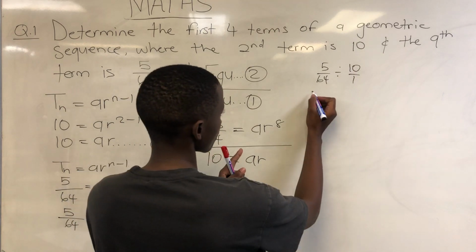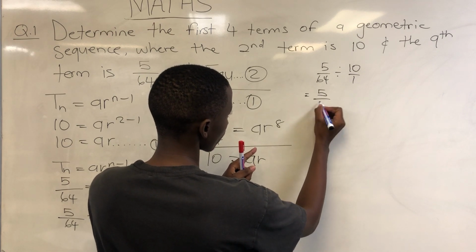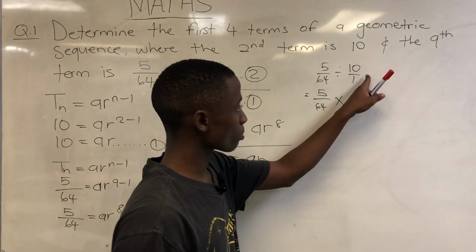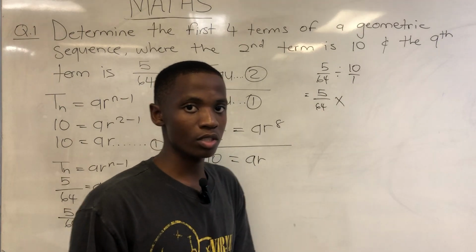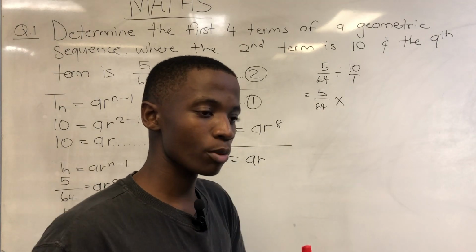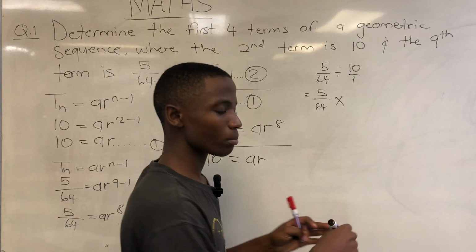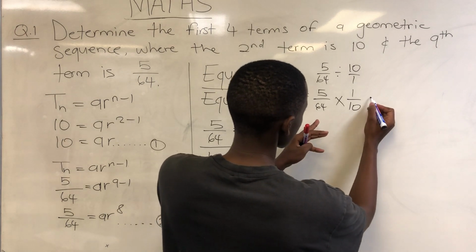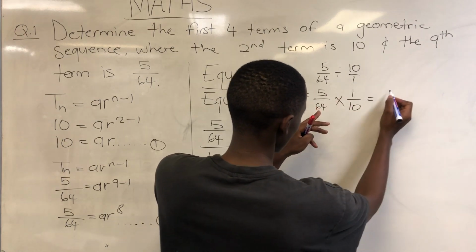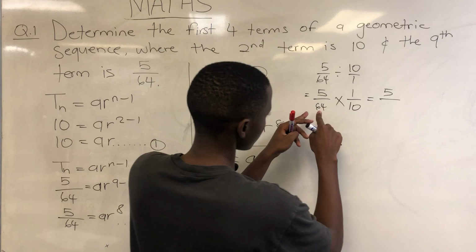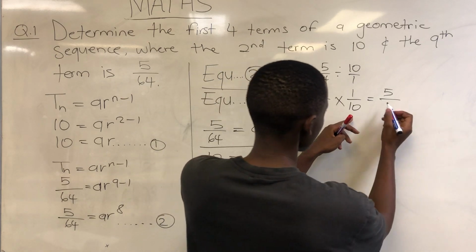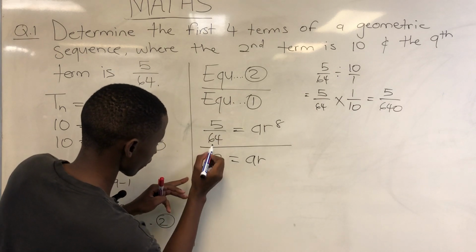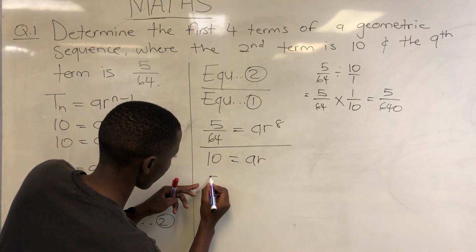So this will be equal to 5 over 64 multiplied by the inverse. We change 10 to its inverse, which is going to be 1 over 10. So 5 over 64 multiplied by 1 over 10 is 5 over 640.